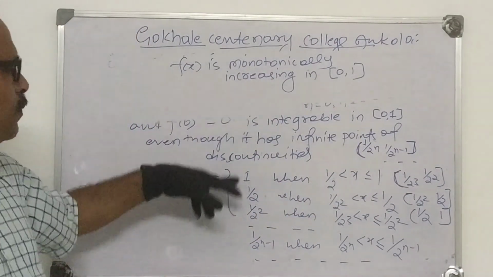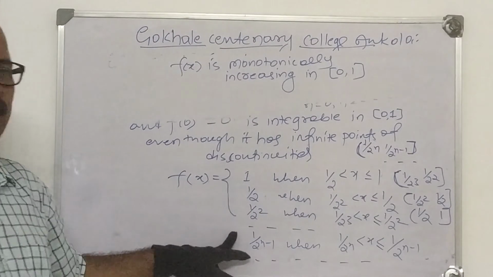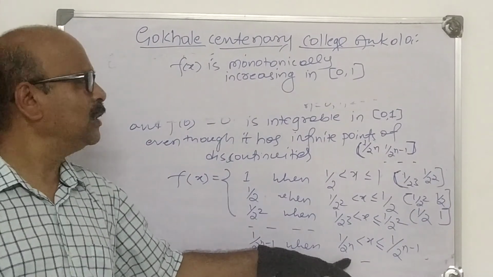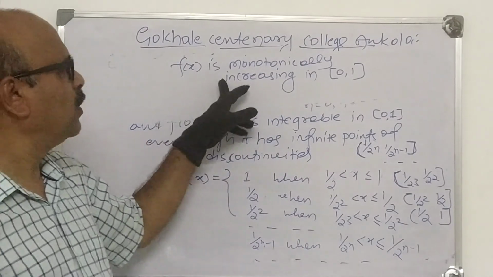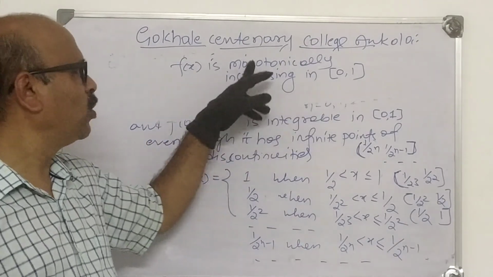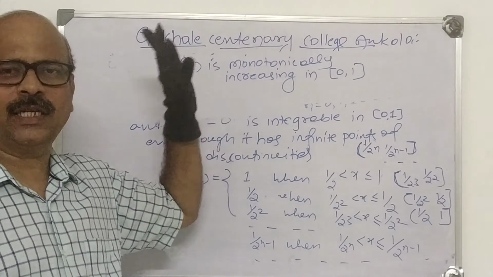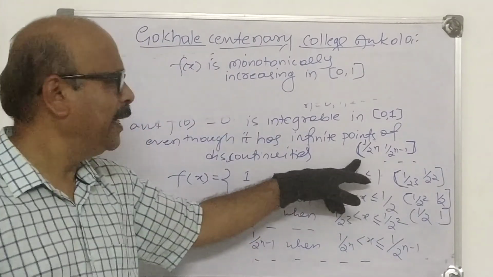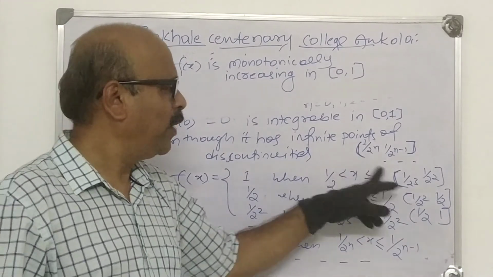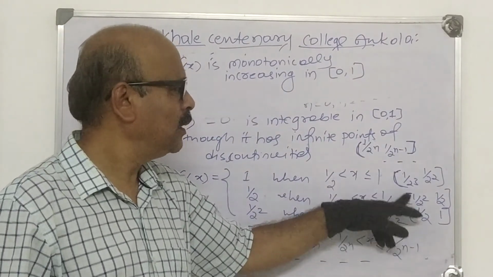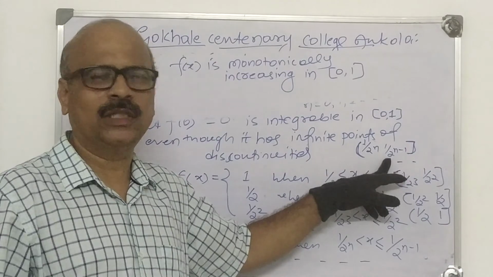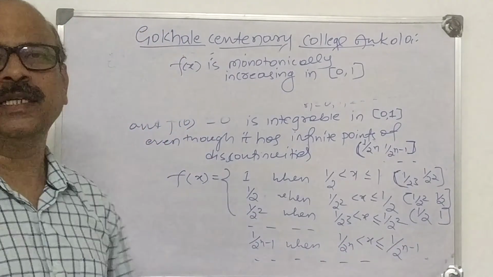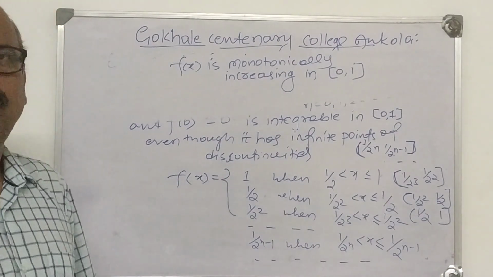To conclude, why is this function integrable? Even though it has infinite discontinuities, it is monotonically increasing, and every monotonic function is integrable. Or, since the set of infinite discontinuities has only a finite number of limit points, it is integrable.